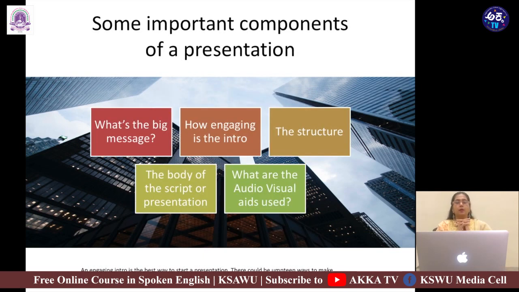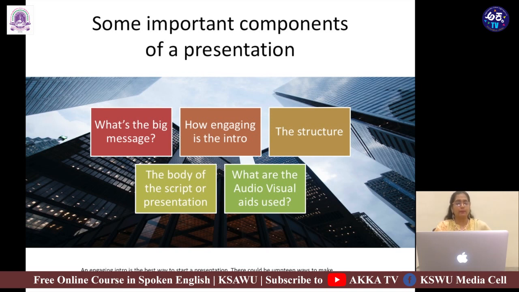What is the message that I want to give via my presentation? Some important components. The most important thing is, what's the big message? What is the focus of my presentation? Secondly, how engaging is the intro? Then, have I structured my presentation properly? Does it have point-wise presentation structure?